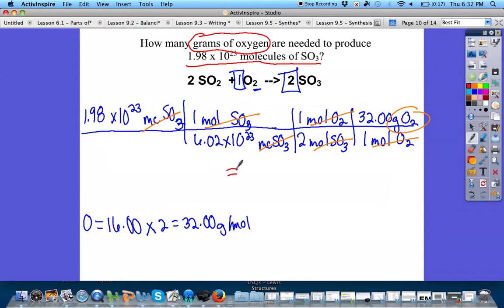So we're going to take 1.98 times 10 to the 23rd, multiply that by 32, divide it by 6.02 times 10 to the 23rd times 2, and you should get 5.262 grams of oxygen. Okay. If you're not getting this answer, you need to recalculate it with your calculator.